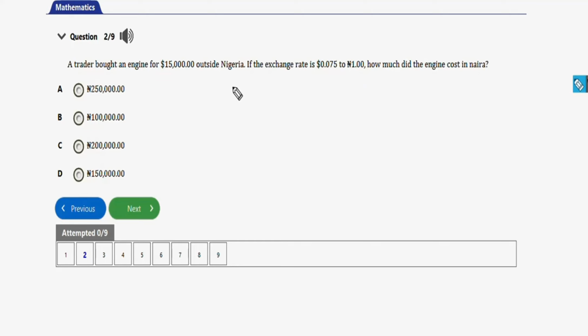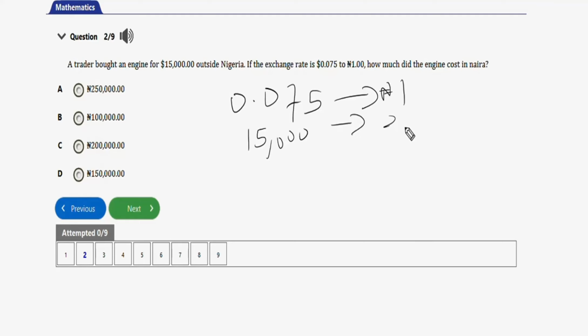So you ask yourself, if 0.075 cents exchanged for 1 naira, how much will $15,000 exchange in naira?